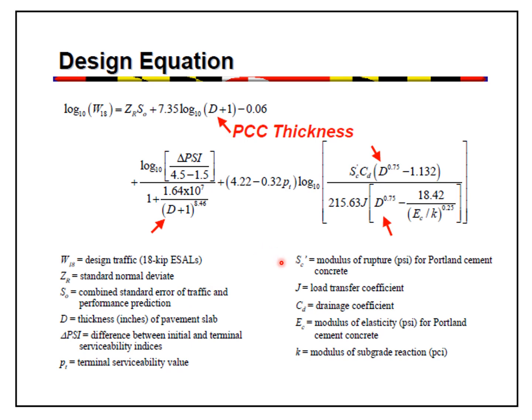S sub C dash, that is the modulus of rupture for Portland cement concrete in PSI.